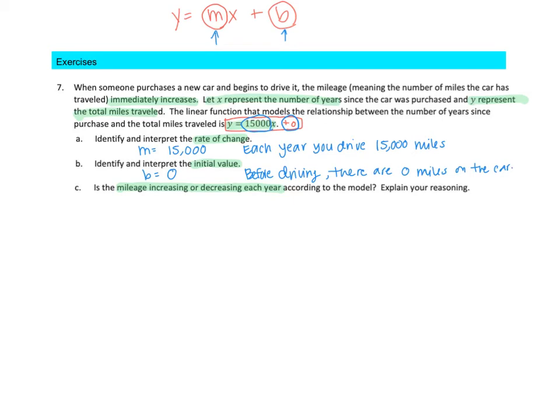Okay, and then the last question here says, is the mileage increasing or decreasing each year? Well, if you start off at 0 when you buy the car, and you go a year and you drove 15,000 miles, did that number increase or decrease? It increased, right? It's increasing by 15,000 each year.